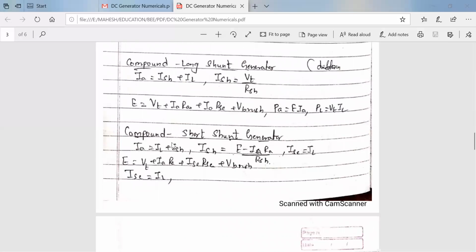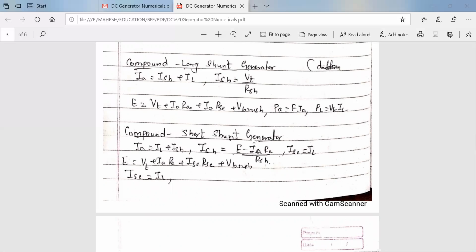When you go for the short shunt generator, here Ia is as it is, IL plus ISH. But when I go for ISH, since it is short shunt, only the armature winding will be in parallel with the field winding.